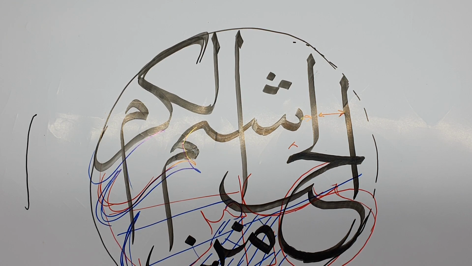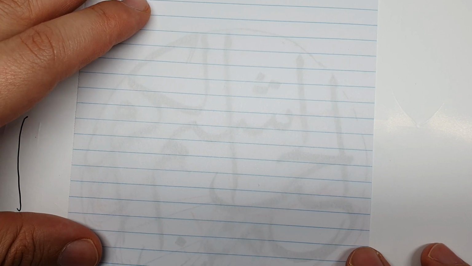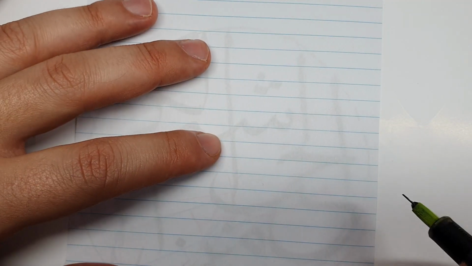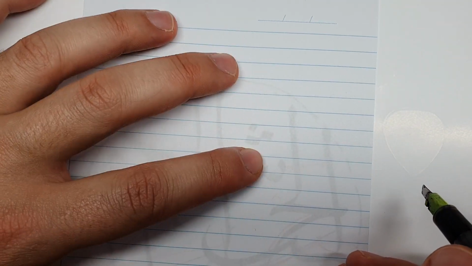Should work. It will force us to limit ourselves to the circular shape that we've got there. Ta-da! Perfect. So what I'm going to do is I'm going to use this one just to trace my words. And again, all calligraphers do this, so you should feel comfortable doing it.